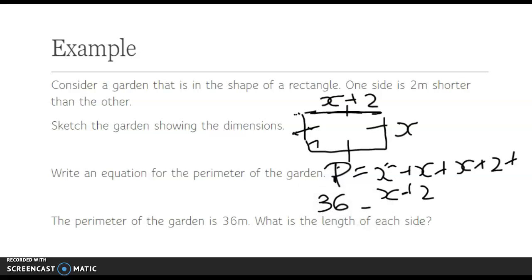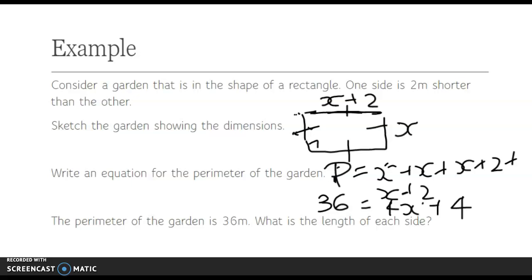And on the right hand side of my equation, I'm going to tidy this up a little bit. We've got X plus X plus X plus X. That's the same as 4X's, plus 2 plus 2 is 4. Now we've got a nice equation and we can just solve it to find the value of X.